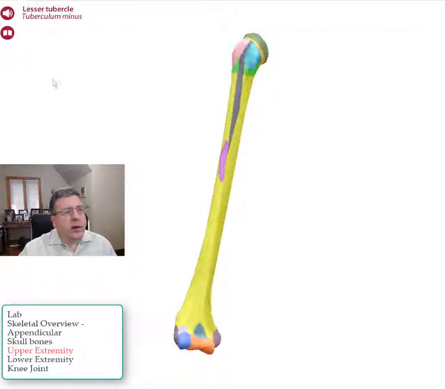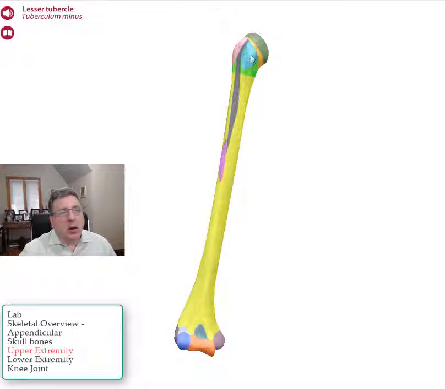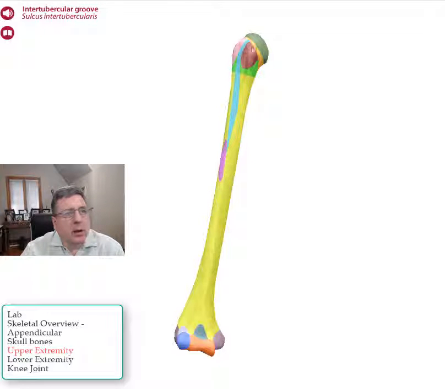The next one in is going to be more anterior medial than the greater, and this is the lesser tubercle. And the lesser tubercle is the attachment site for the subscapularis muscle, okay? There's going to be a groove in between, so it's this dark groove here, so let me highlight it. This is the intertubercular groove, okay?